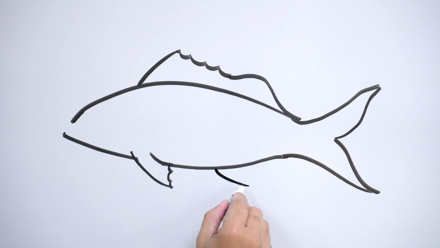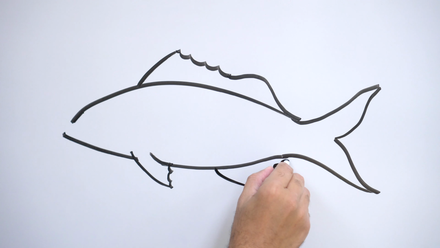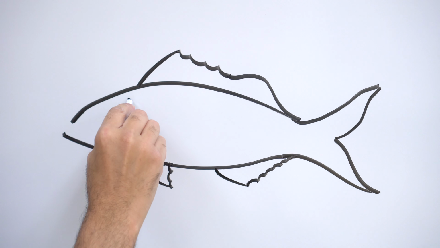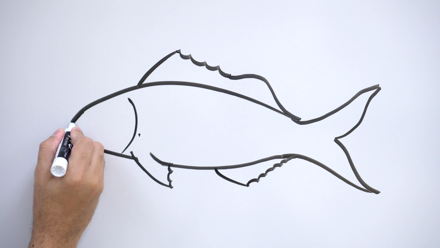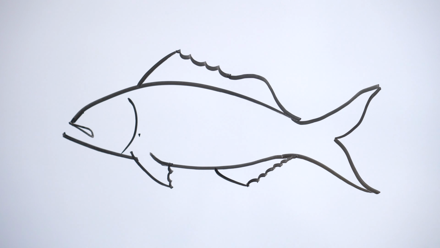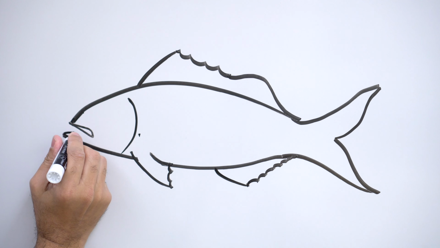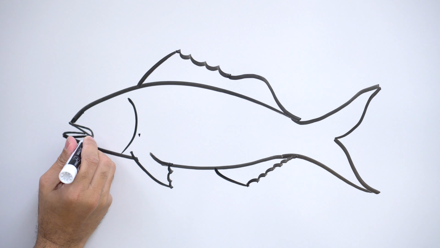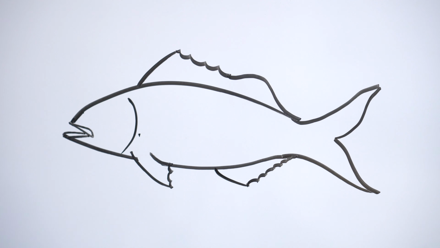And then another dorsal fin towards the bottom right. Let's divide the body with the gills. This fish, for some reason, has kind of like an overbite, meaning the bottom lip is a little bit longer than the top one. So try doing that. It kind of just protrudes.